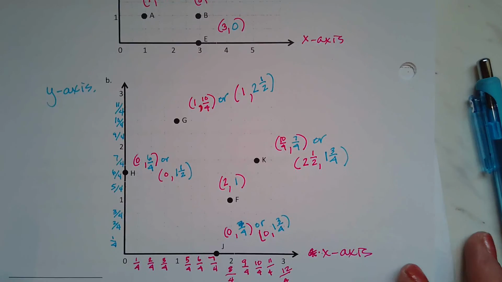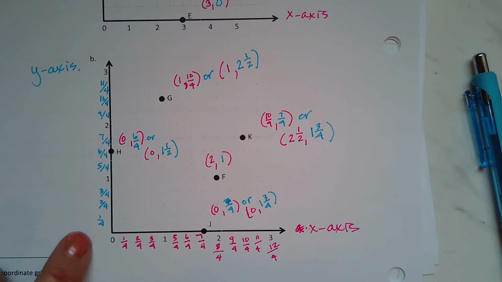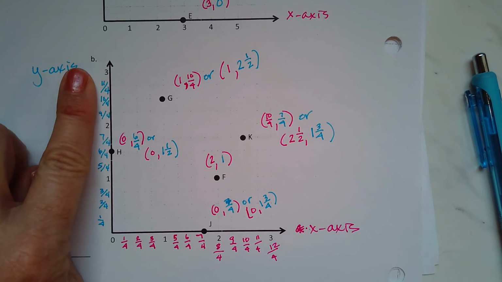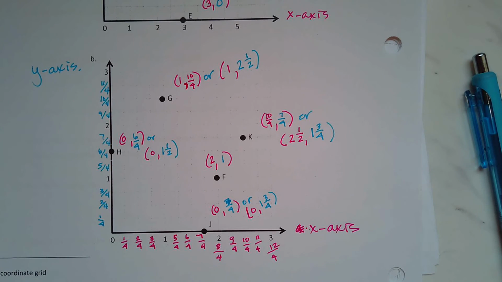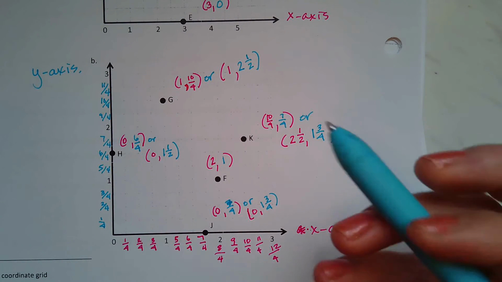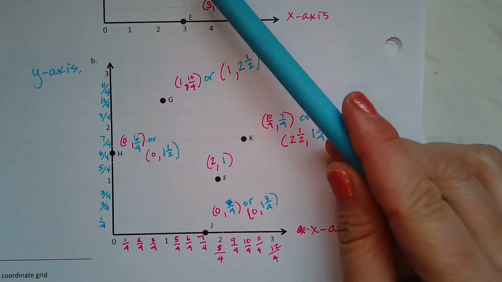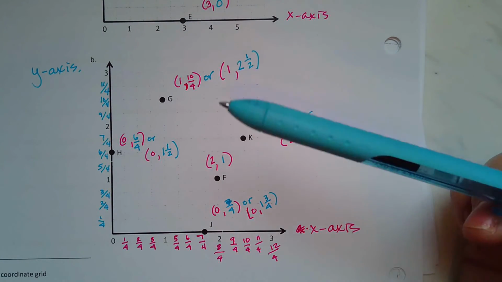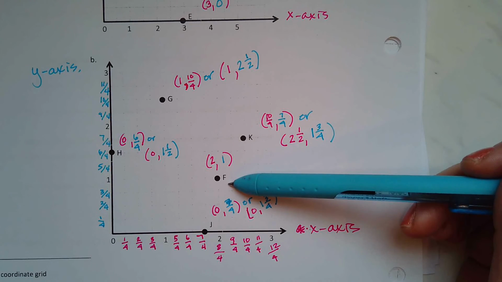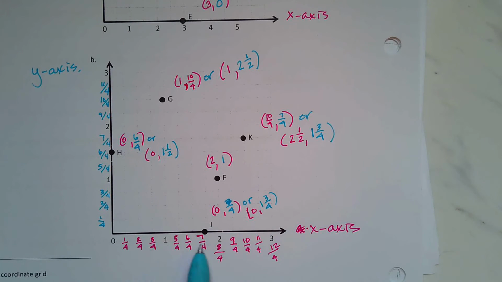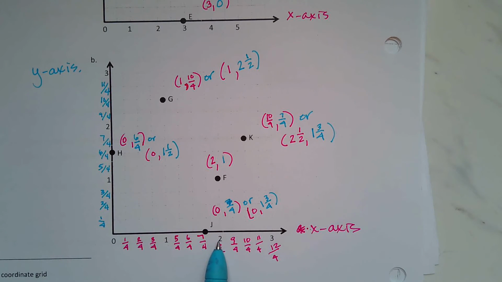All right. Hopefully you were able to continue labeling your y-axis correctly. So we ended off with E. So let's go to F. Point F is 2, 1.